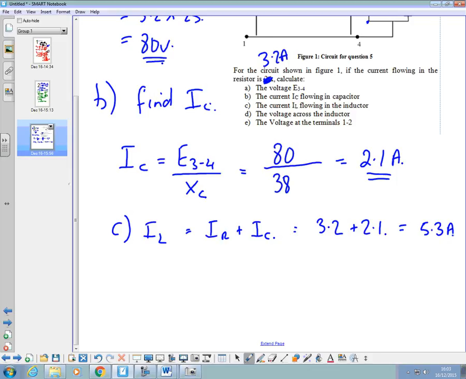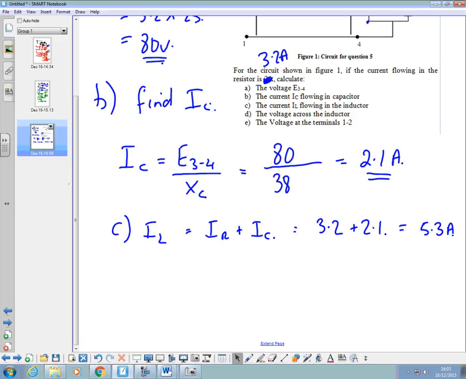Okay, that's wrong. One of them has an angle relative to the other.